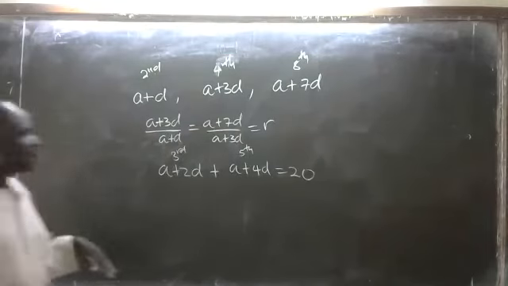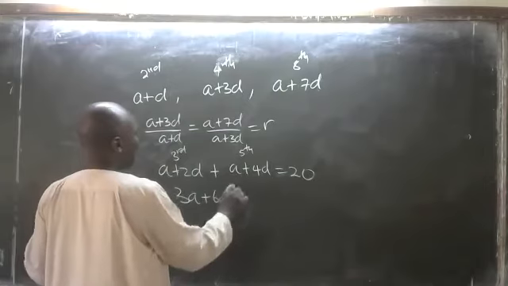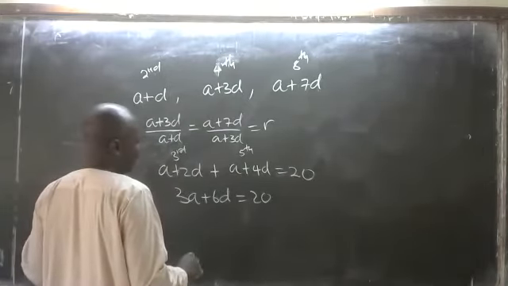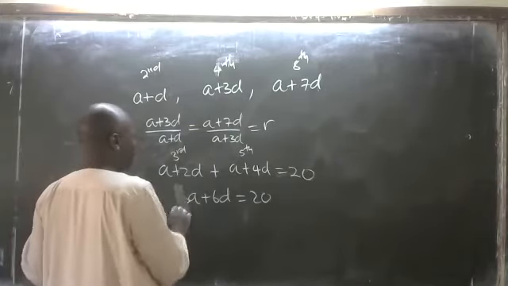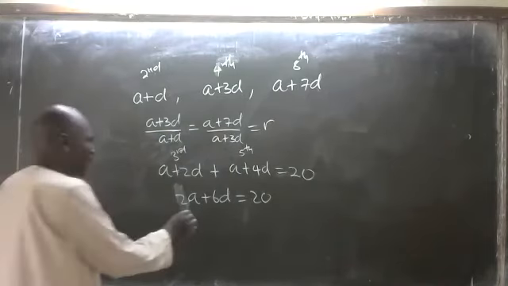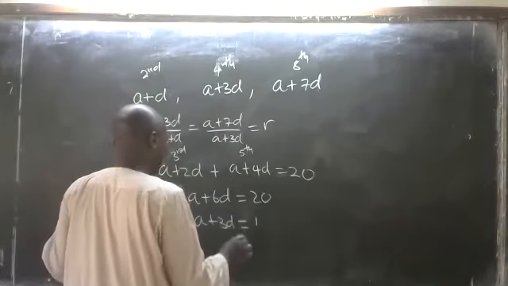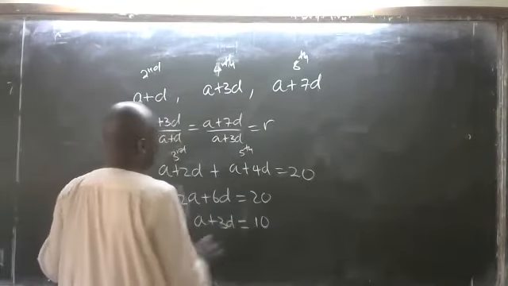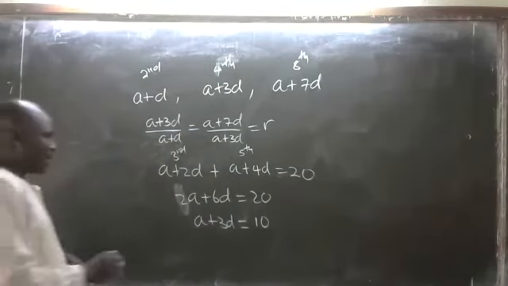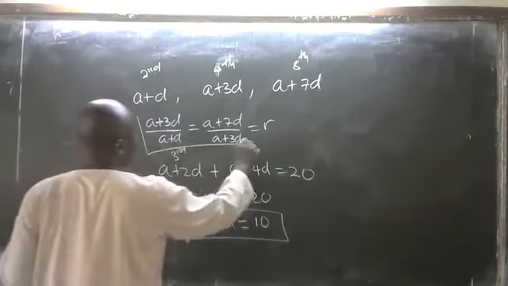So we have here 2A plus 6B is equal to 20. So A plus 3B is equal to 10. So we have got this equation and we have got this.